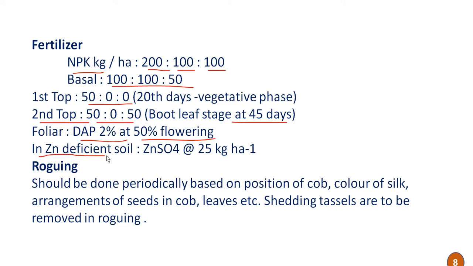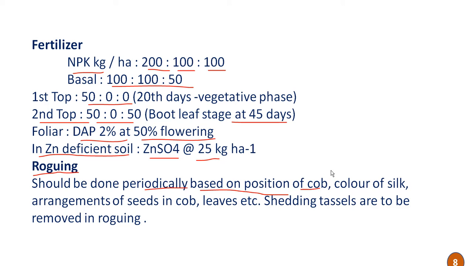And in zinc deficient soil, zinc sulfate (ZnSO4) at the rate of 25 kg per hectare should be applied. Next is roguing, which is essential to maintain the genetic purity of the seed production plant. This roguing should be done periodically based on the position of the cob.